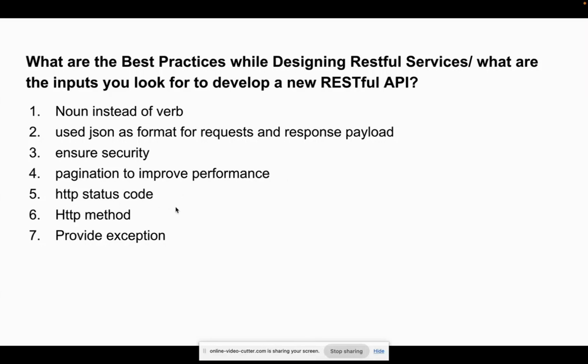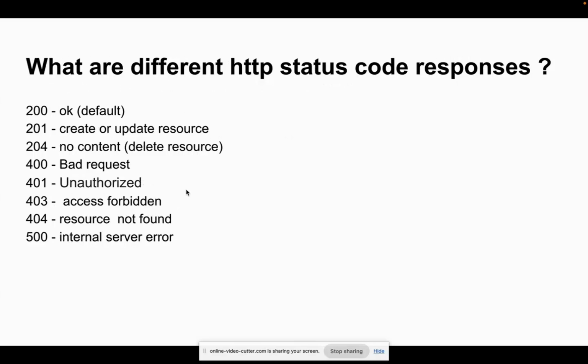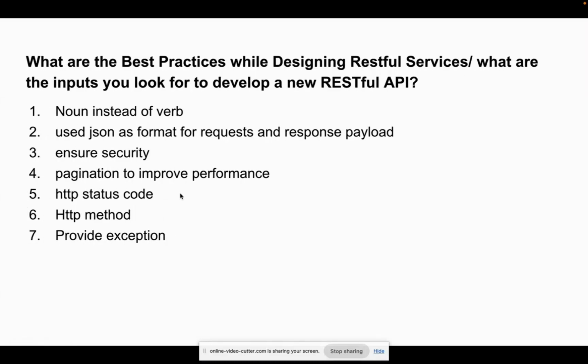HTTP status codes, which means we have 200, 400, right? Because we need to process the request from the customer, we need to know if the process is successful or not, right? If we fail to process the request, we need to return the error. We need to return the bad request. Maybe it's a bad request because we couldn't process the request, or access forbidden, right? Because the customer doesn't have the permission, so we need to let the user know.